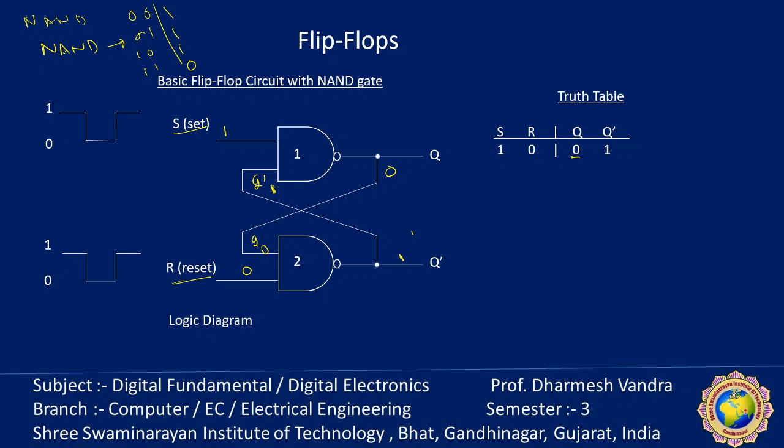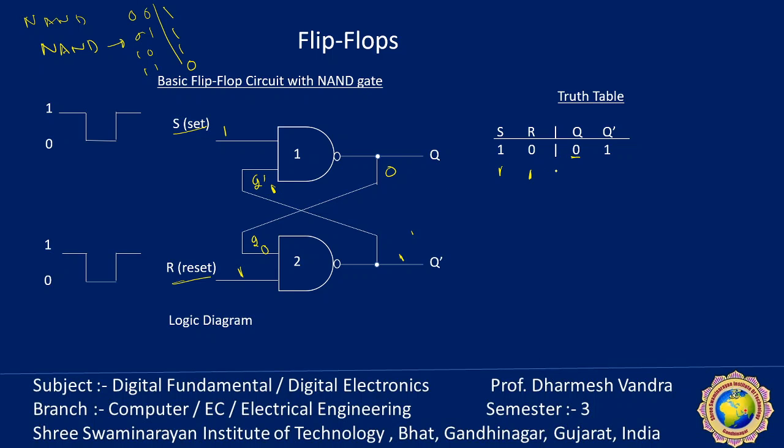Now after this condition, both inputs are 1 1. So this reset will be changed to 1. Remember that thing, NOR and NAND gate. In the NAND gate, both inputs are 1 1.